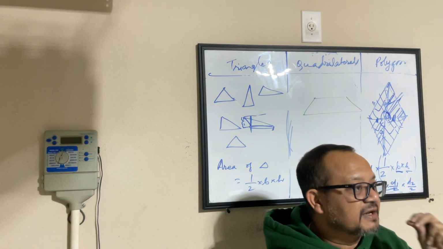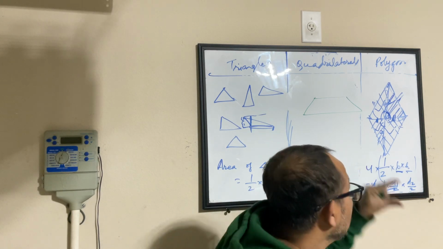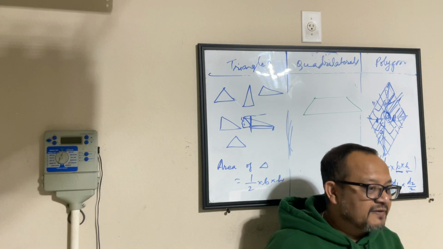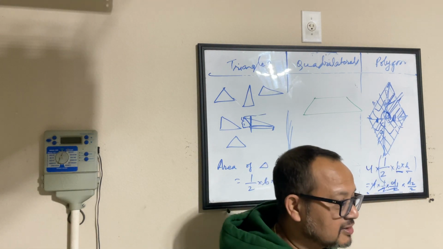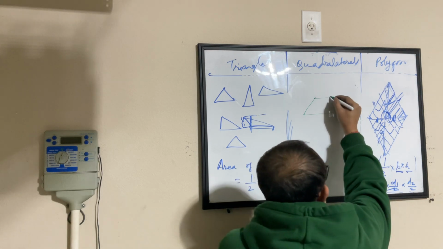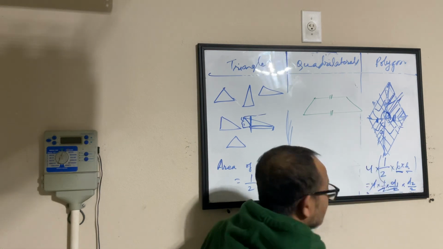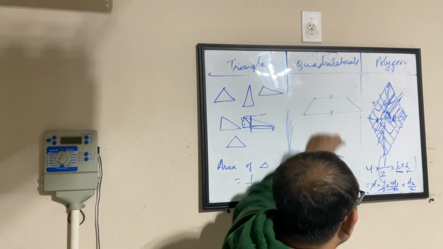Only condition that we have to agree to is, in case of a trapezoid, only one pair of lines are parallel to each other. Nobody ever said that they are equal also. We are just saying they are parallel. Okay. So now they are parallel, meaning this and this are parallel. I am saying parallel, so let me put parallel symbol. I am not saying they are equal. Okay. This looks smaller, this looks bigger.